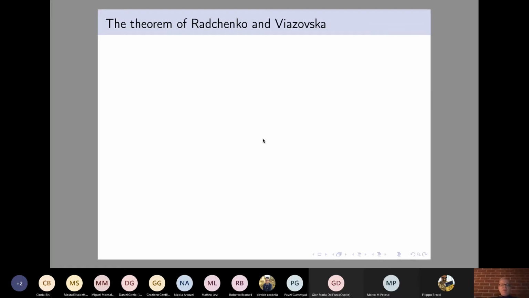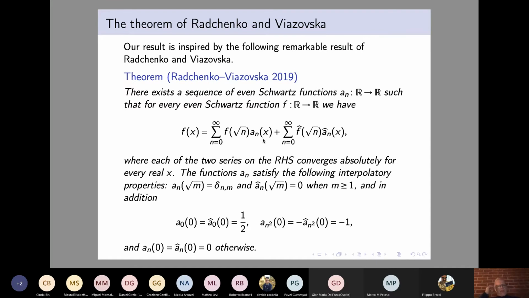So that's about this specific situation. And now I would like to say something about what started this activity. Where does it come from, this business of Fourier interpolation? There is a remarkable theorem of Radchenko and Viazovska published last year, which is as follows.